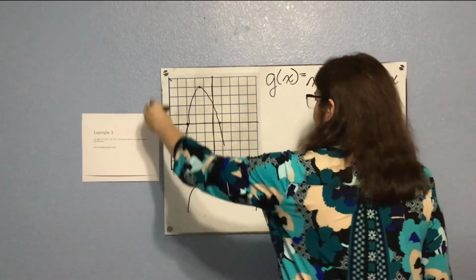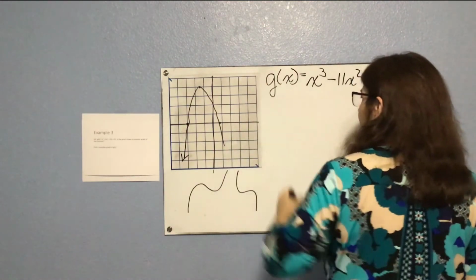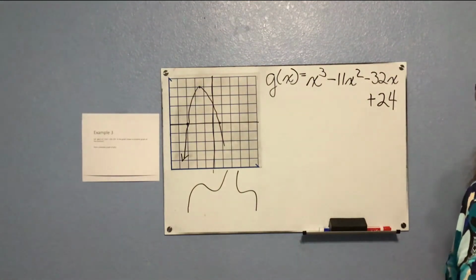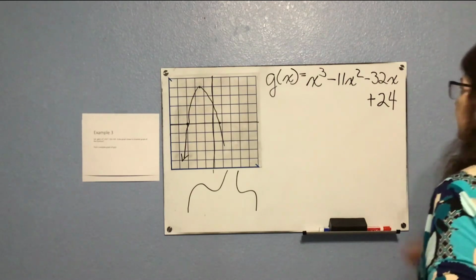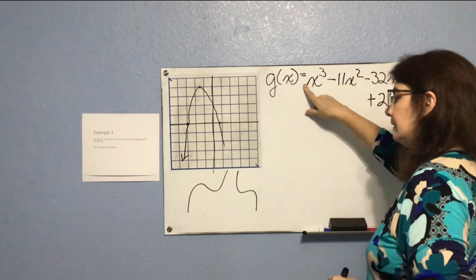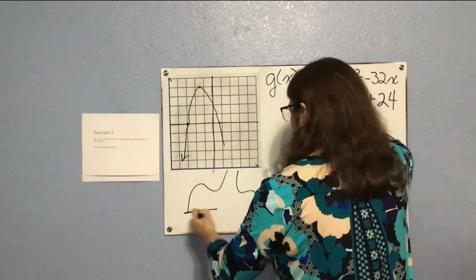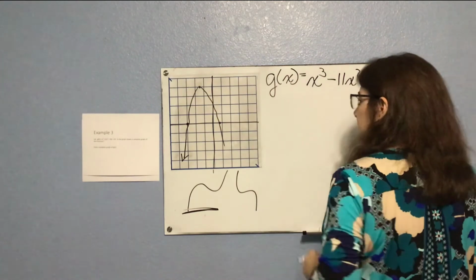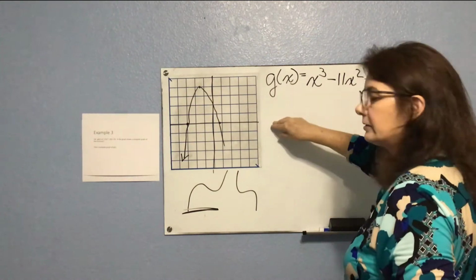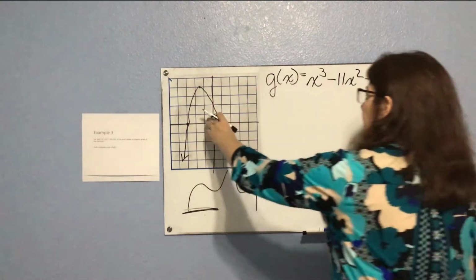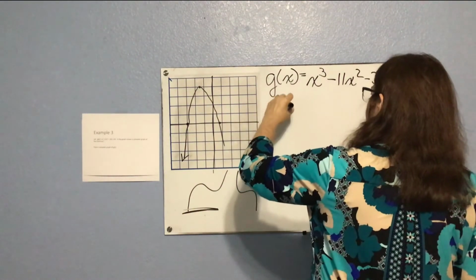So either it's got to come up over here or it's got to come up over here to be a complete graph. Since the coefficient of x cubed is 1, positive, I would expect to use this shape. So I think there's got to be another x-intercept somewhere over here. So this is not a complete graph.